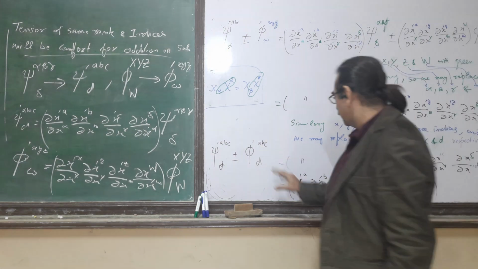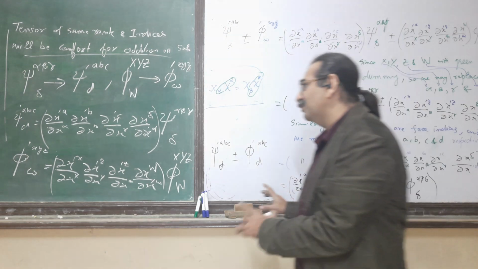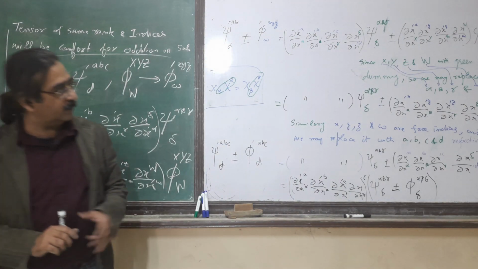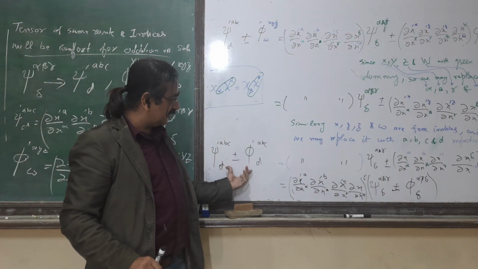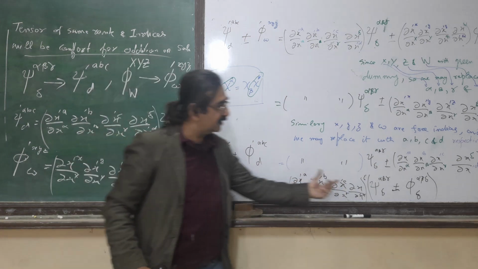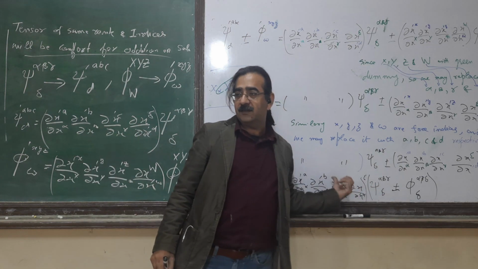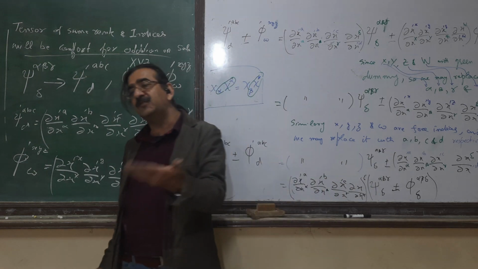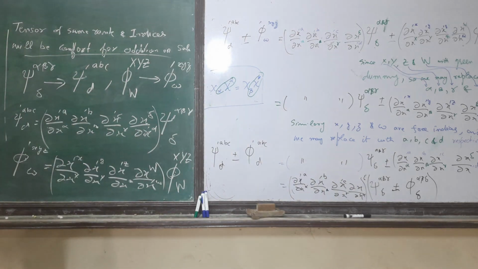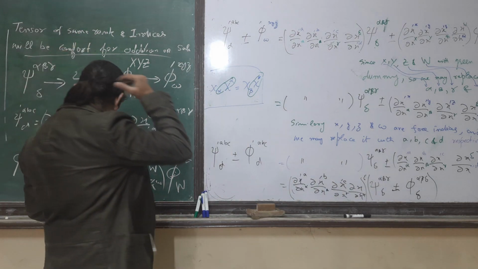Okay. And from these transformation laws we easily observe that if I say this is a resultant R prime and this is a resultant R, then this transformation will be satisfying all the transformation laws.